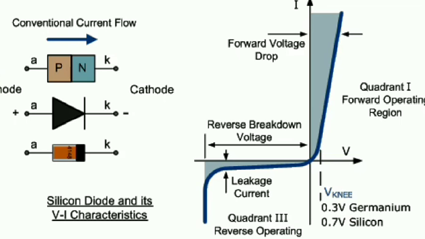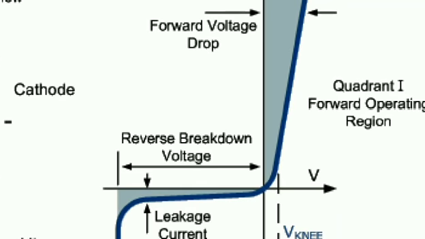If we take positive voltage, you will get positive current, so we can say IF, meaning forward current. The I written at the top you can write as IF, and in the first quadrant we call it the forward operating region, because when we give forward voltage to the diode, current flows due to the majority charge carriers.